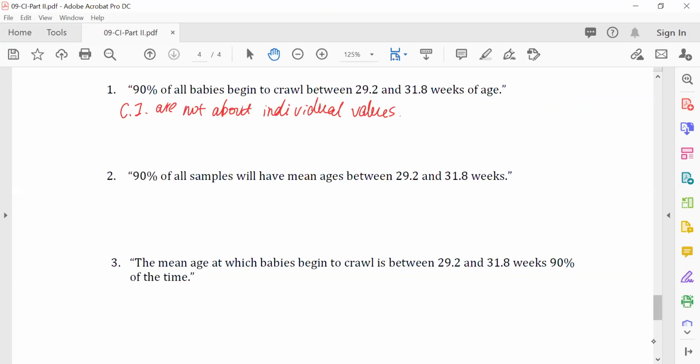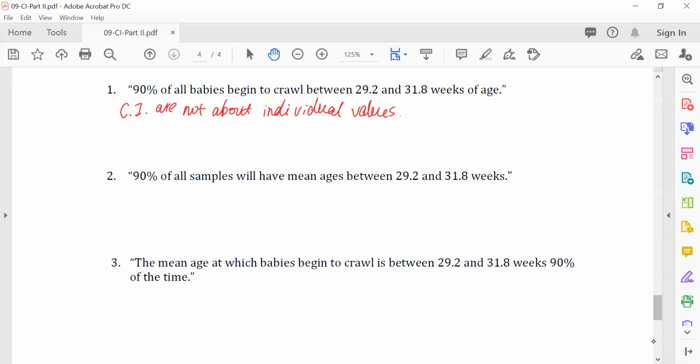What my group said was that when we're talking about confidence intervals, we are talking about the probability if you took a bunch of samples and looked at a bunch of confidence intervals. The problem with statement number 2 is that for every sample we take, we use the same procedure, but we calculate probably a slightly different confidence interval.